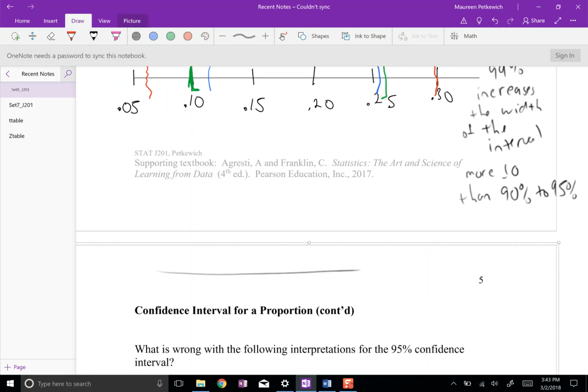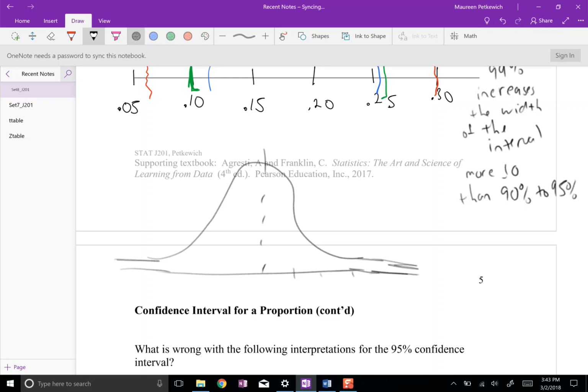Well, when you have the bell-shaped distribution, when you get out here in the tail, to get out to 90%, you have to move further along in the tail to get more area. So once these tails start getting skinnier, you have to move further and further out to achieve that 99% confidence interval.